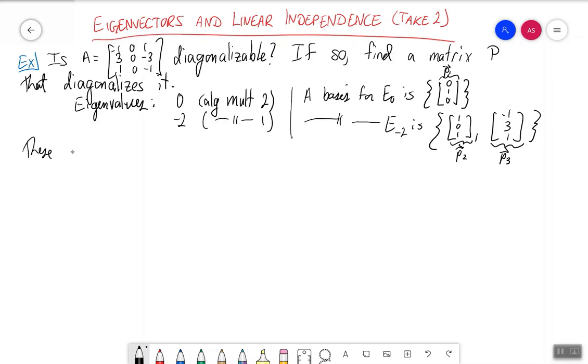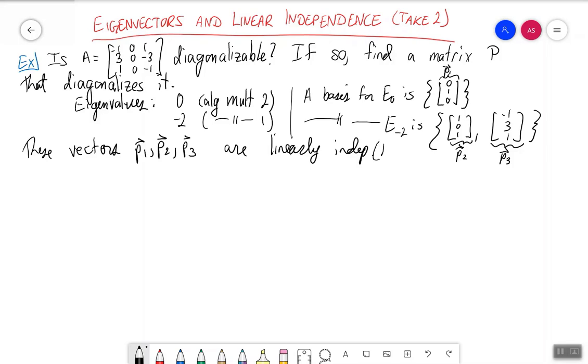These vectors, these eigenvectors P1, P2, P3, turn out to be linearly independent. Now I can actually go ahead and check that using the methods that we have for checking whether vectors are linearly independent. But I'll also be able to use a theorem that I'll give to you in a moment.